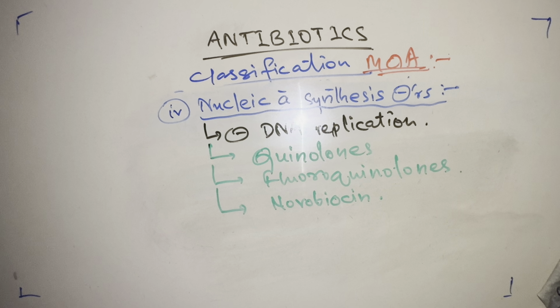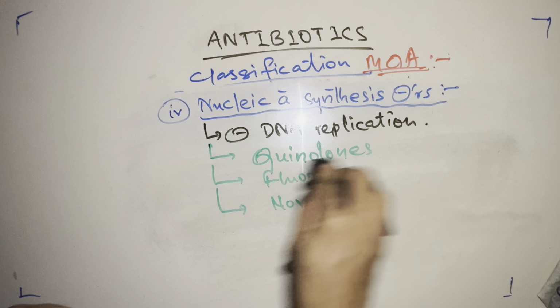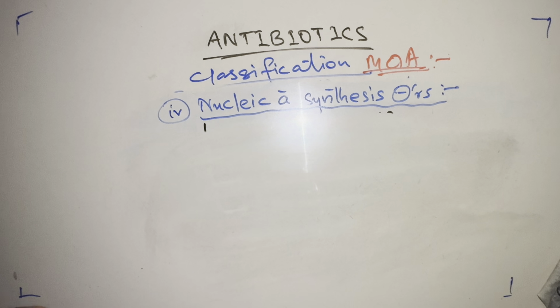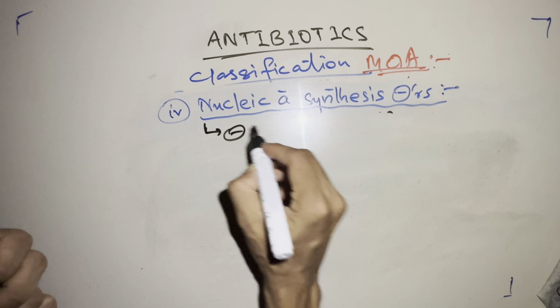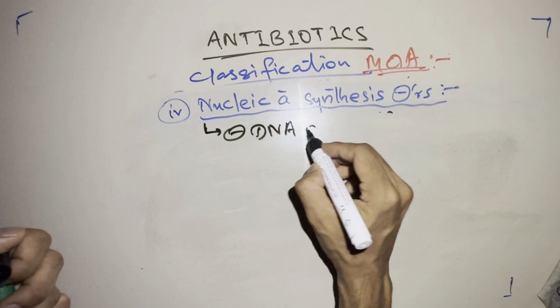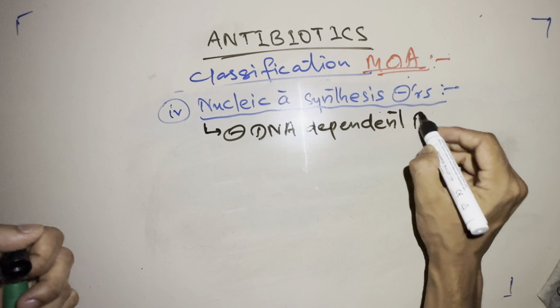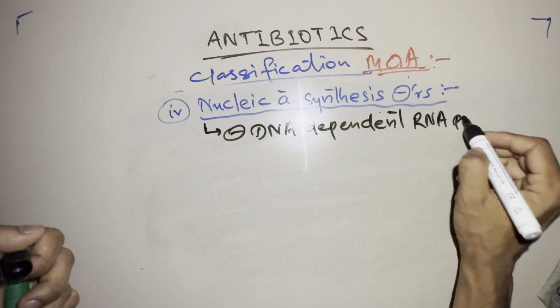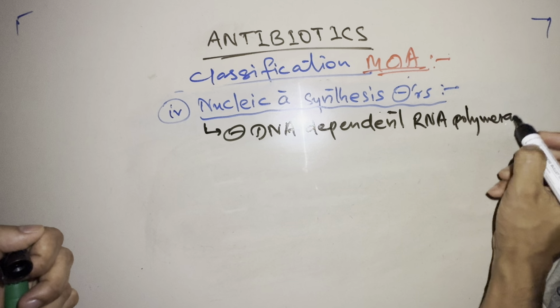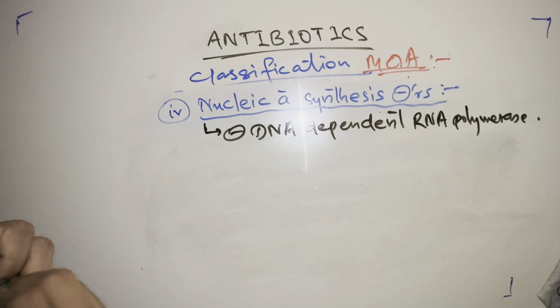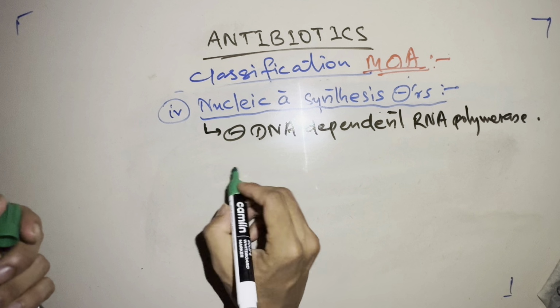Okay. Next, number two is DNA dependent RNA polymerase. So by inhibiting DNA dependent RNA polymerase, what are the examples of antibiotics used?